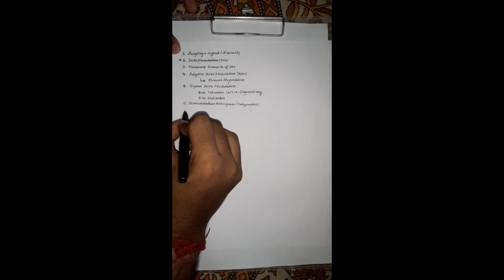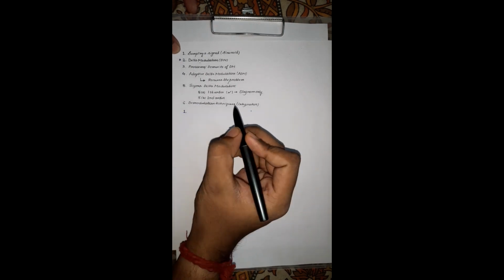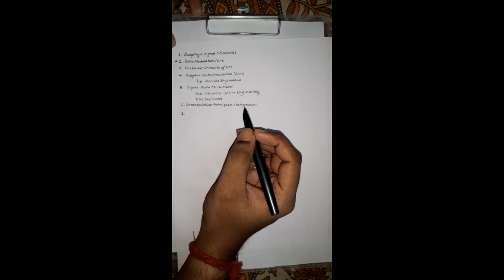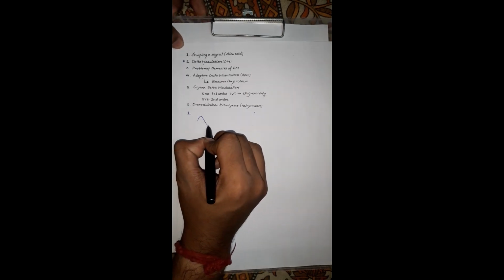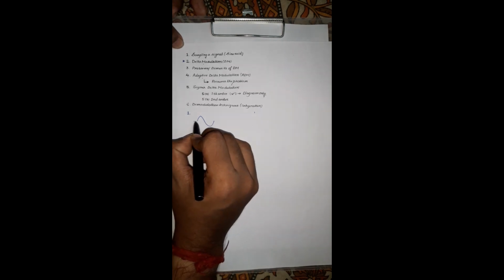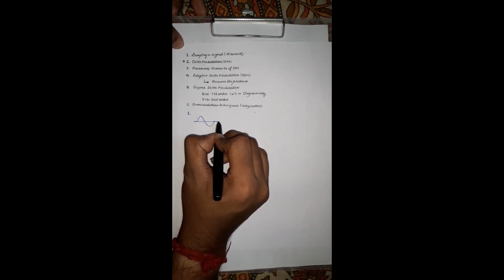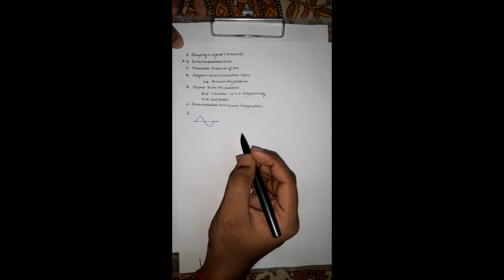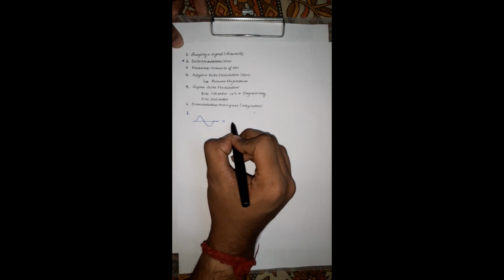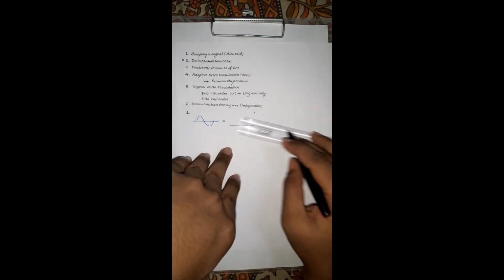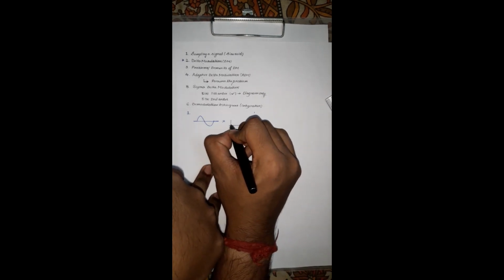See, our first topic is sampling a signal. For sampling a signal, let us assume that the sinusoidal is a signal. If we sample this sinusoidal signal using impulses, then what will be the output?